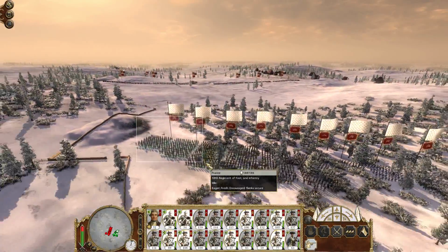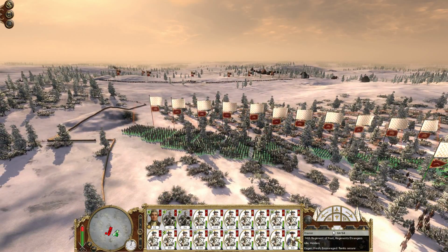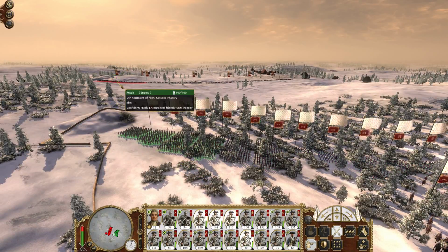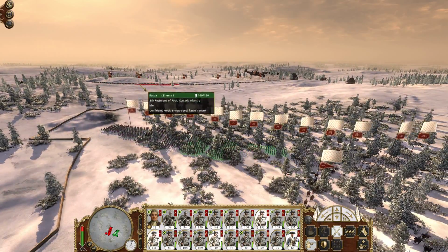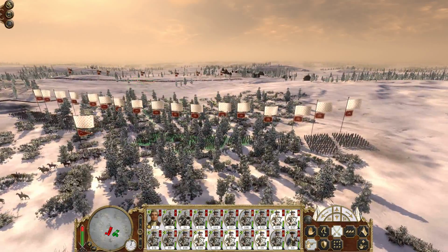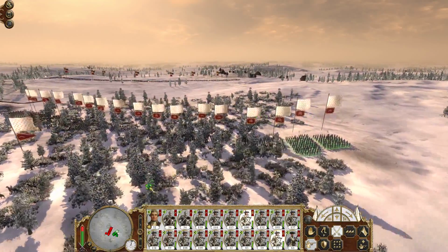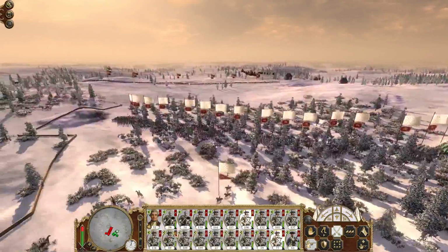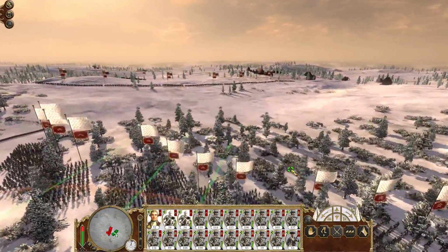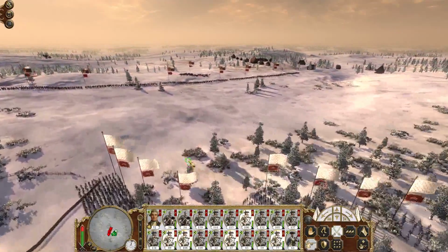Okay, now it seems that everybody is more or less in position, and we can start targeting. My objective here is to successfully engage them, just like that. Okay, and now let's march a little bit forward.